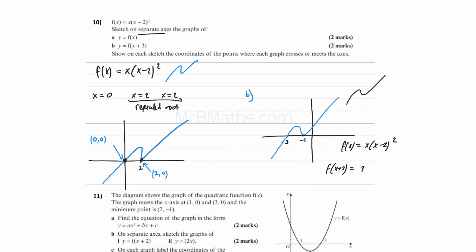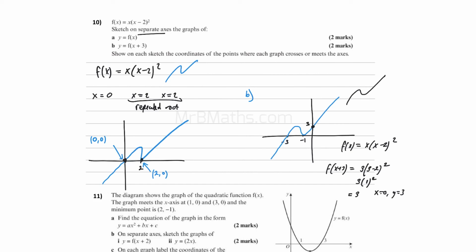So this is going to be 3 open bracket, we're saying x is 0, but we need to add 3, so this is 3 minus 2 squared. So then this ends up becoming 3 open bracket 1 squared. If we do 1 squared, that's 1, and 1 times 3 will give us 3. So when x equals 0, y equals 3, and then we've got our intercept here of 3.